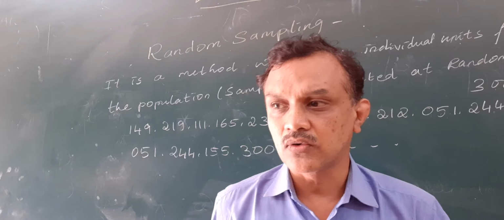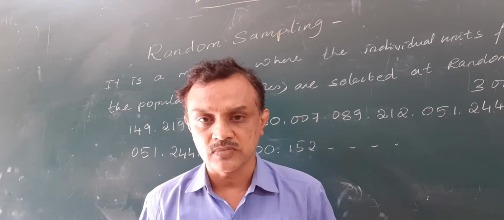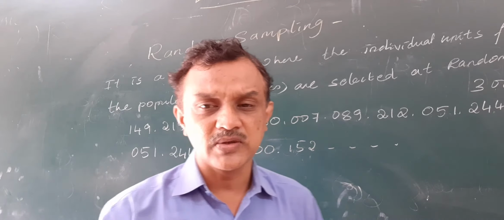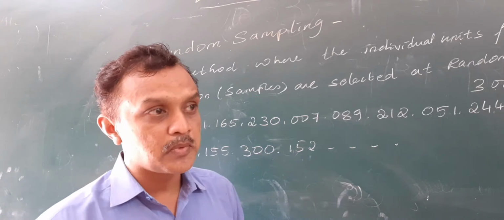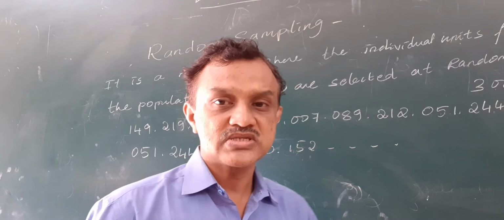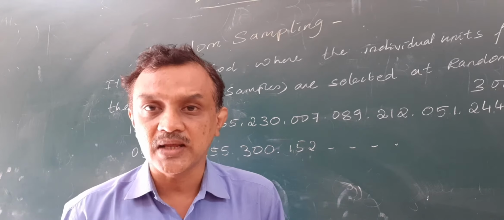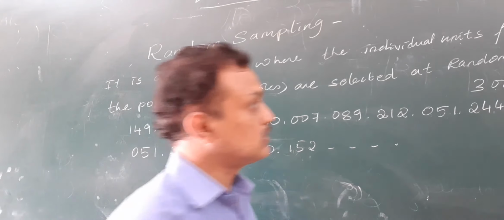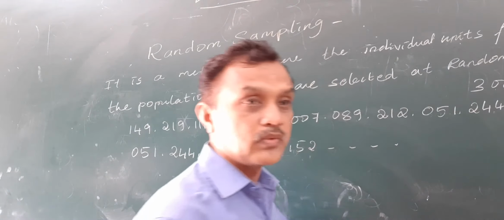We cannot ask each and every person. Instead, we select some set of people, and from that set we select some people as samples. So those samples can be called what here? Random sampling.